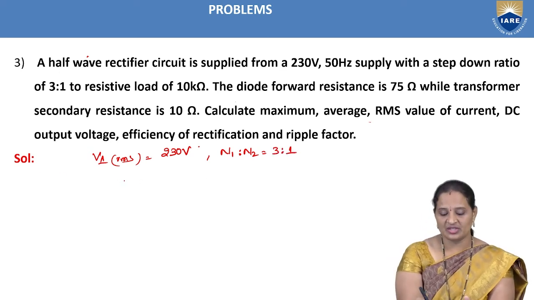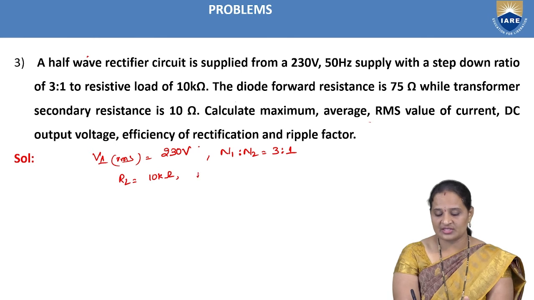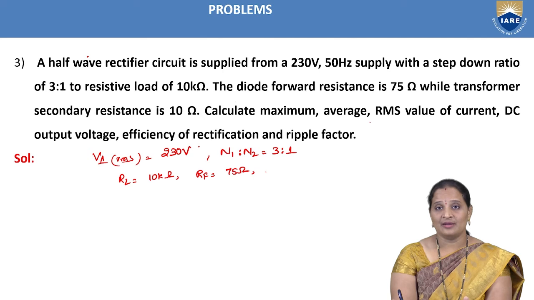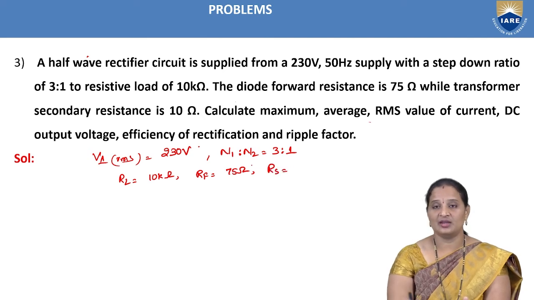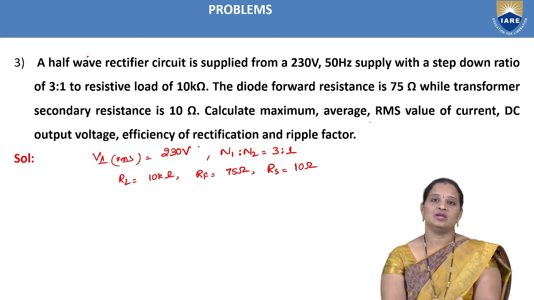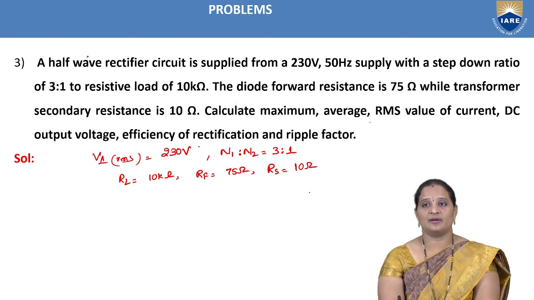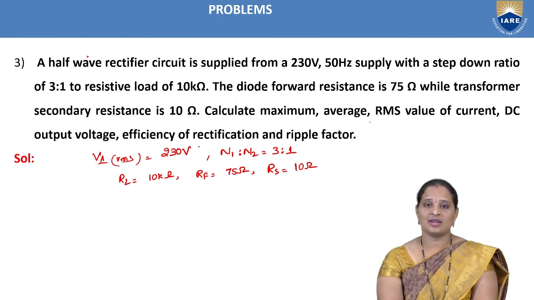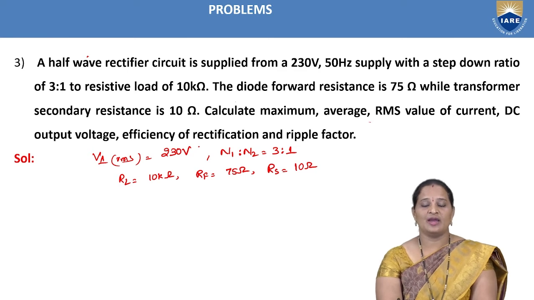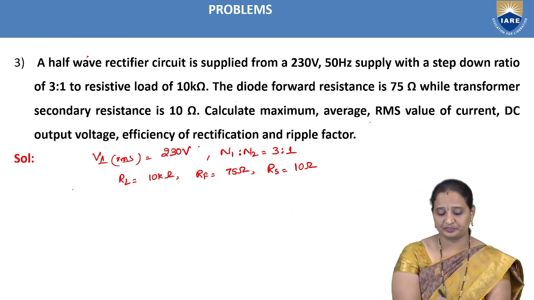And he has also mentioned that load resistance RL is 10 kilo ohms, the diode forward resistance RF is 75 ohms, and the internal resistance of the transformer secondary is given, which is 10 ohms. So these are all the values given and he asked us to find Im, IDC, IRMS, VDC, efficiency and ripple factor.